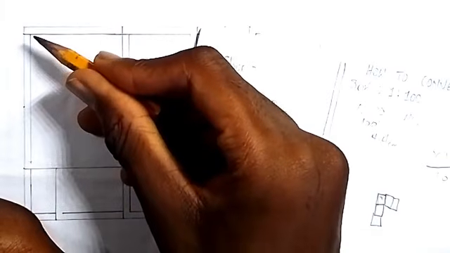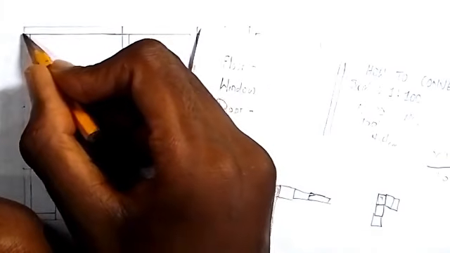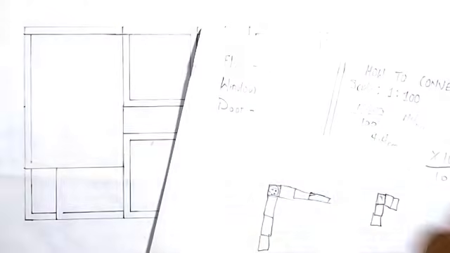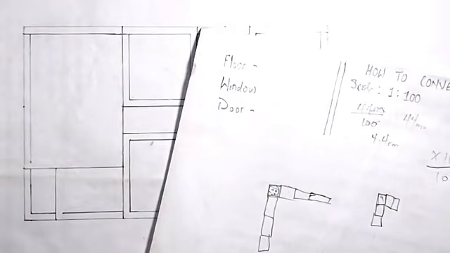This has to be removed. So how do we do that? We have to remove this line and make the wall a joined wall. Since it is a floor plan, we have to do that. So we erase this part out.